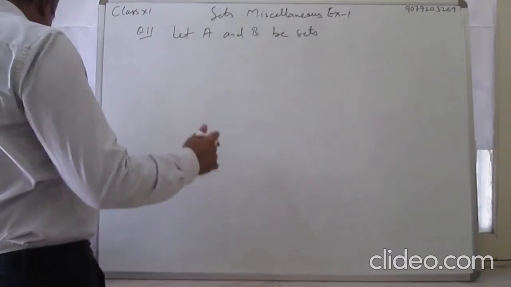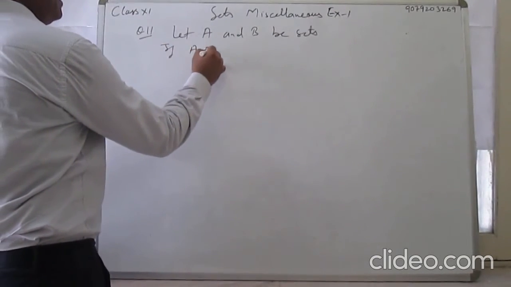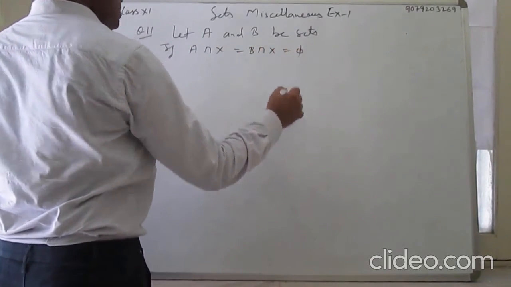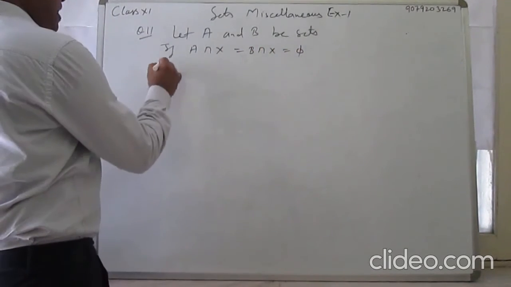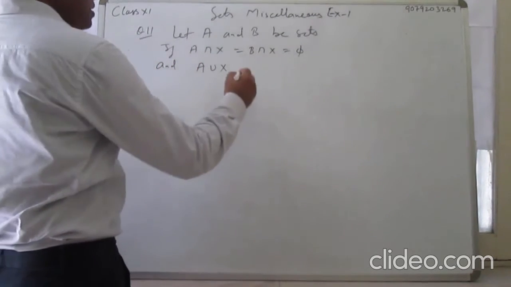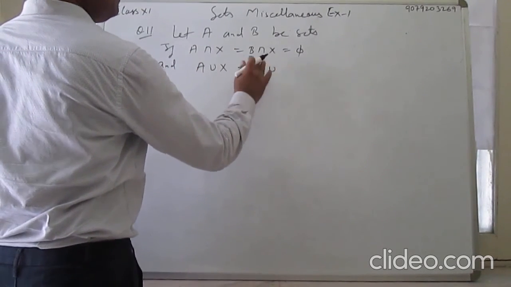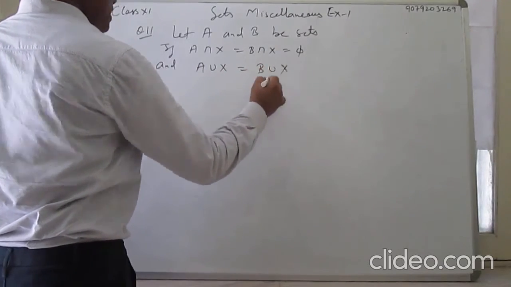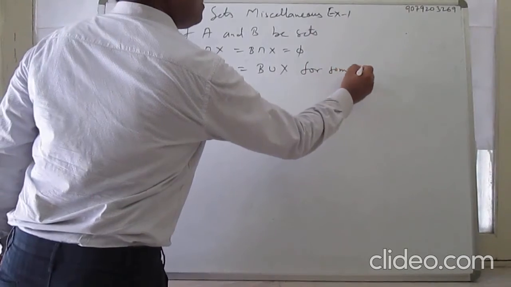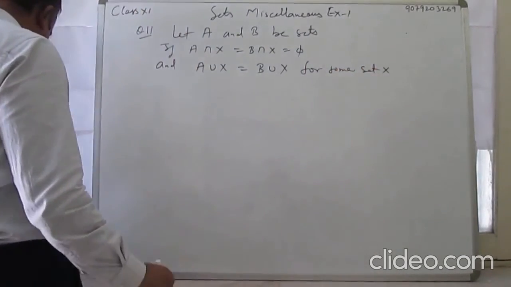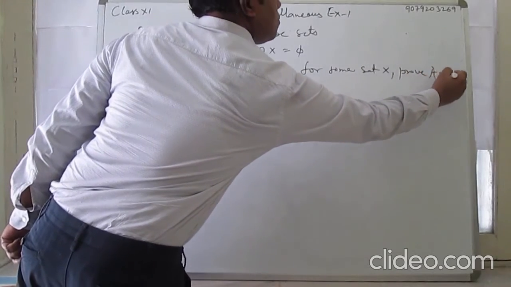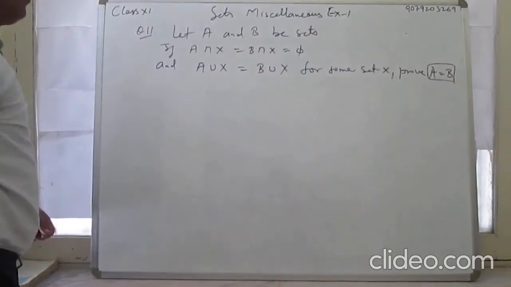If A intersection X is equal to B intersection X is equal to null set and A union X is equal to B union X for some set X, prove that A is equal to B. This you have to prove, A is equal to B.